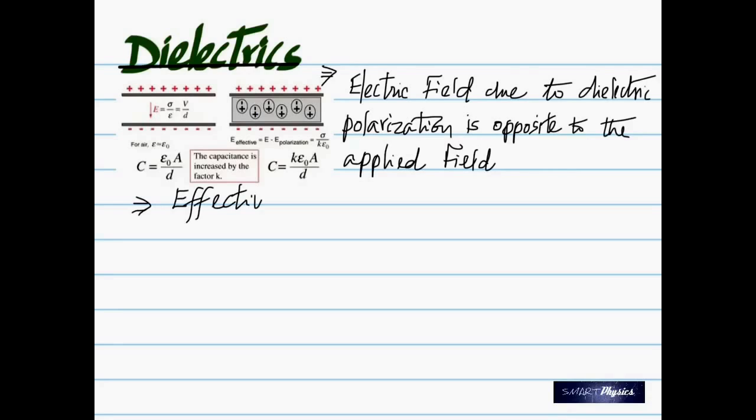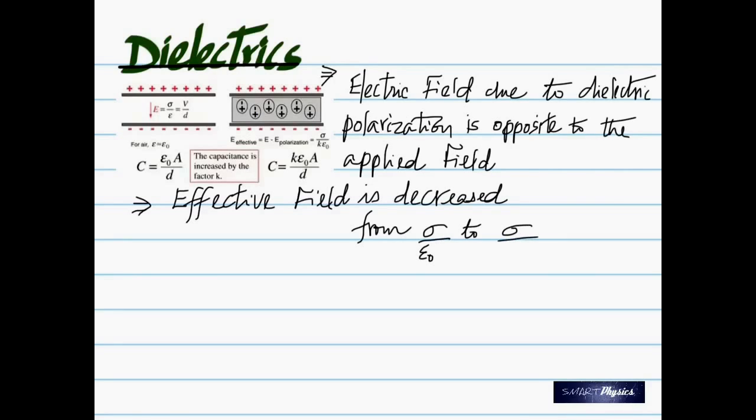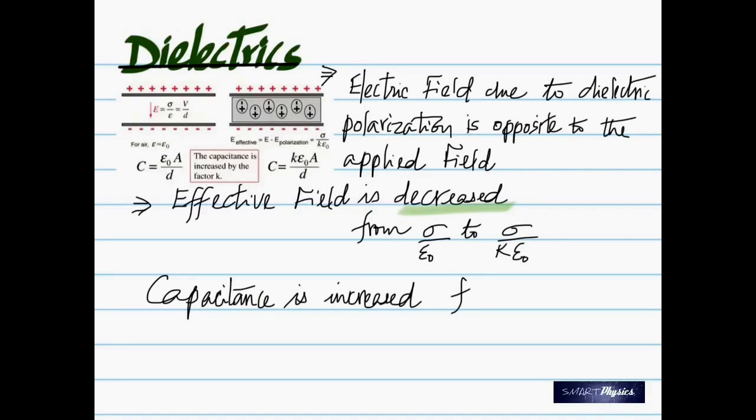So the effective field is decreased, and hence the capacitance is actually increased k times. Without the dielectric, it's epsilon naught A by D, but with the dielectric, the capacitance becomes k epsilon naught A by D.